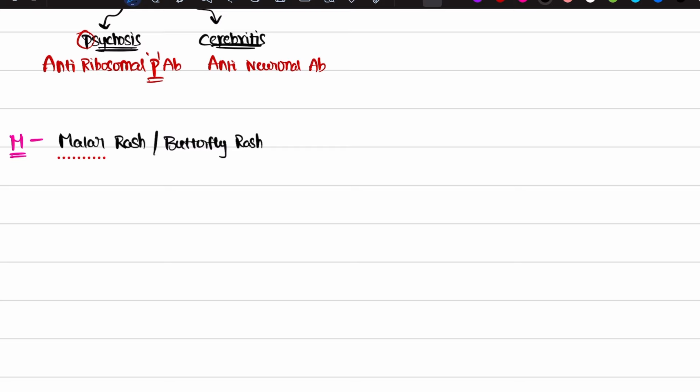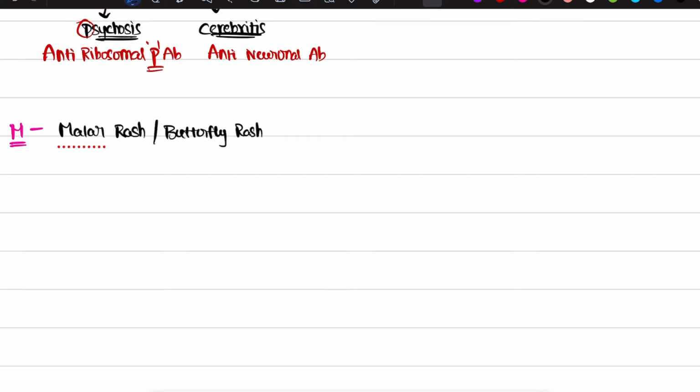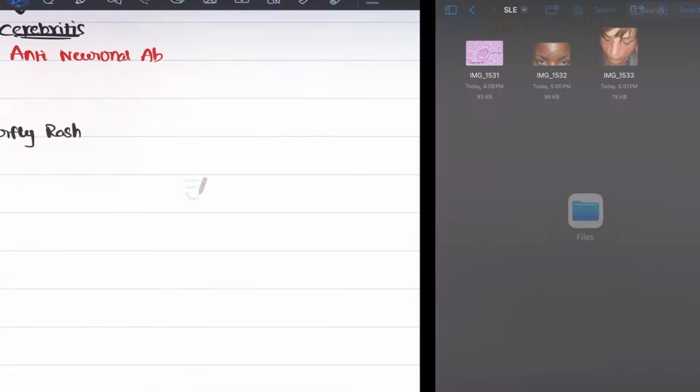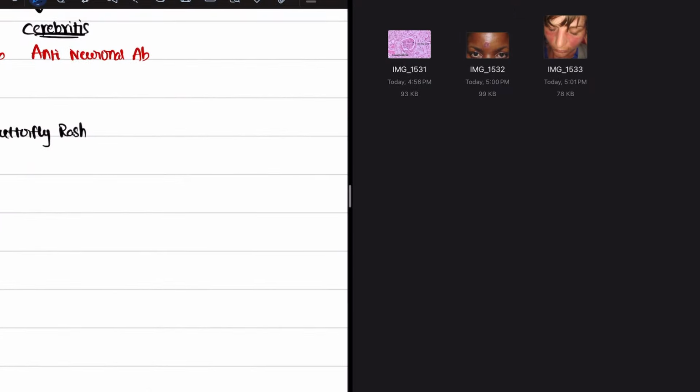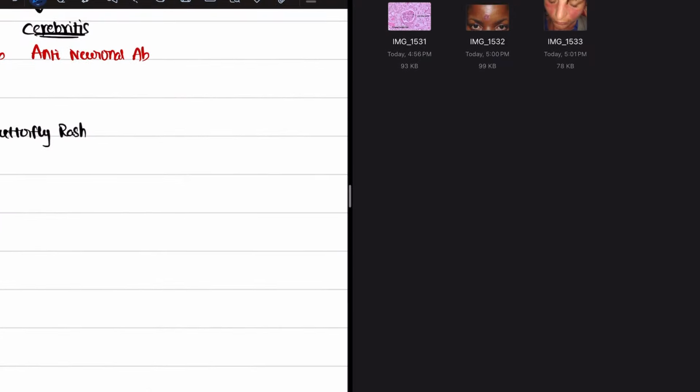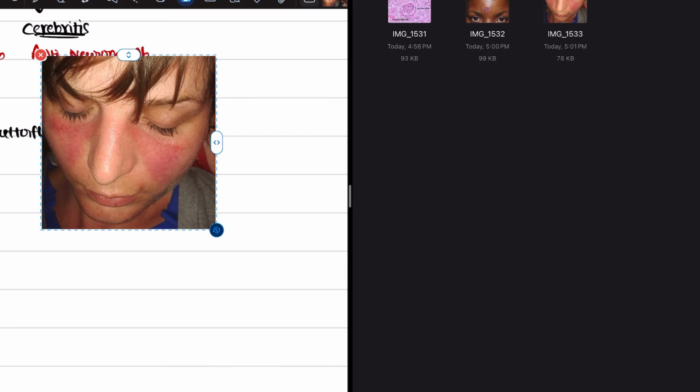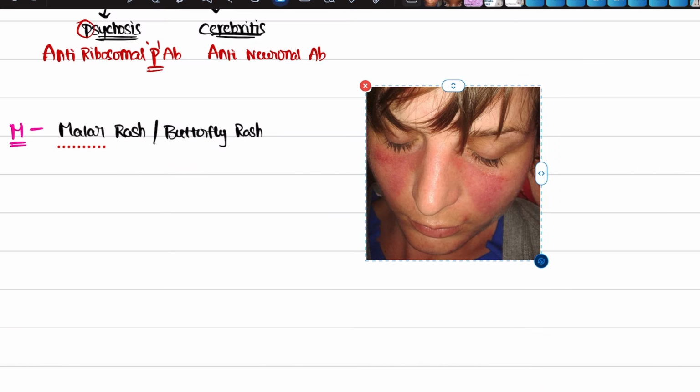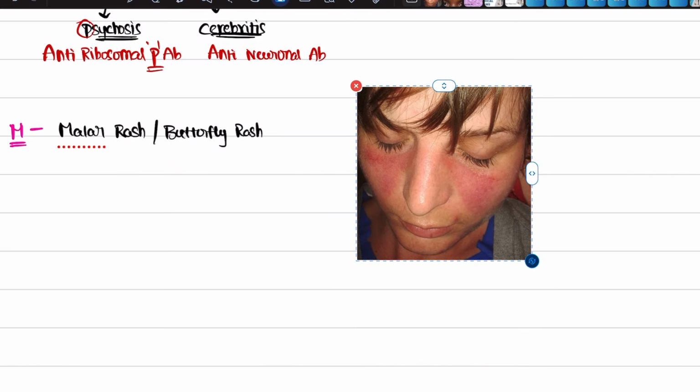So I'm just going to show you how it looks. Yes, this is the rash.